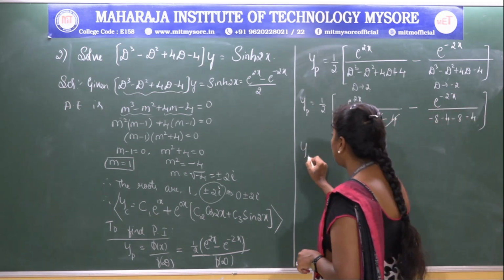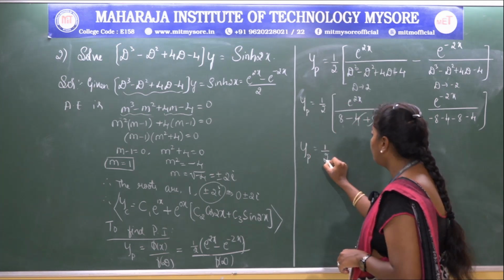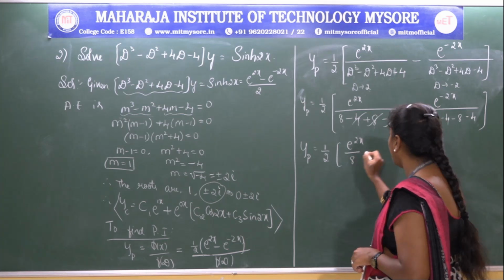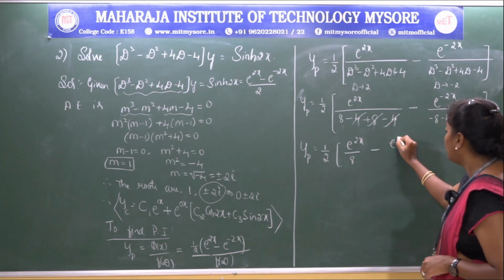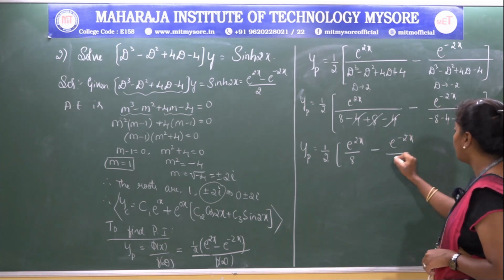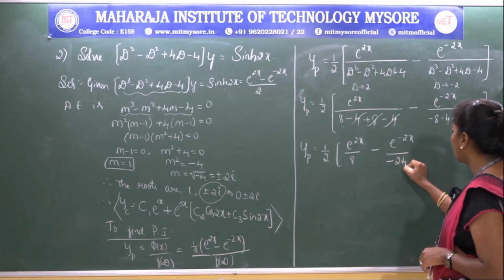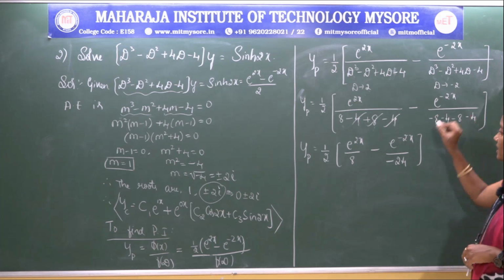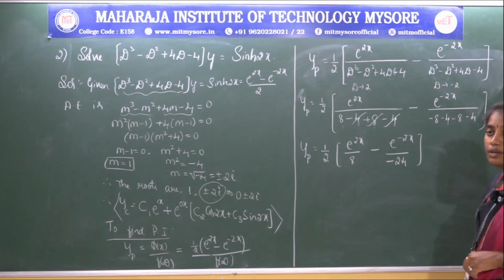Therefore, yp is equal to 1 by 2 e power of 2x divided by 8 minus e power of minus 2x divided by minus 24. So on simplifying this denominator, we get minus 24.